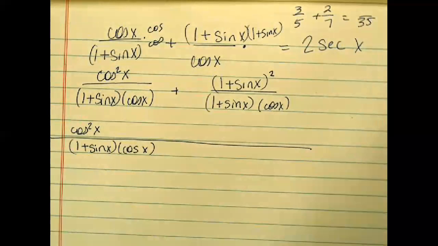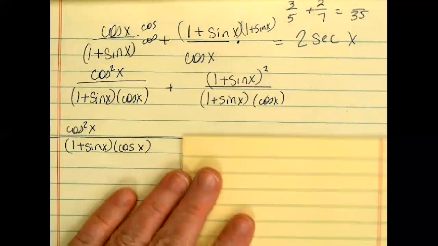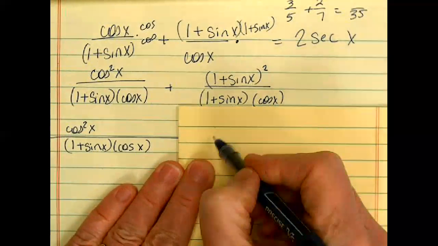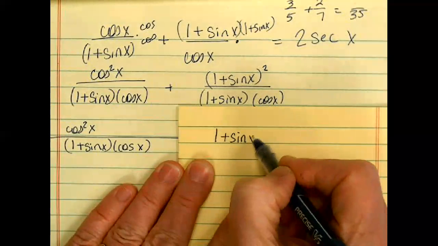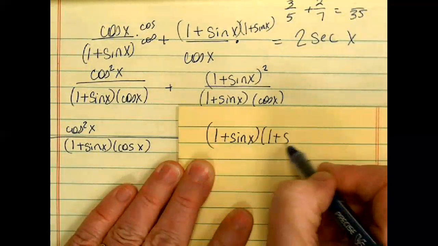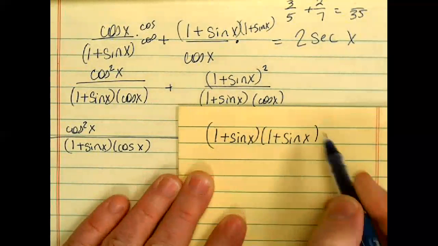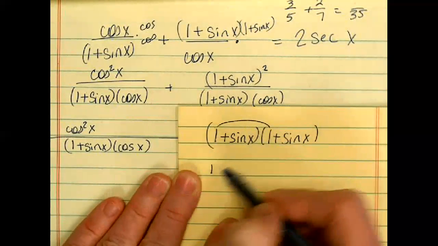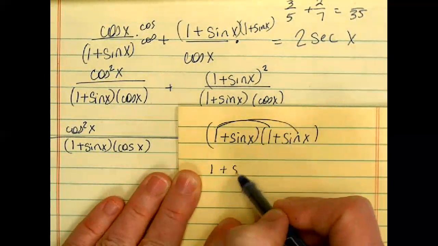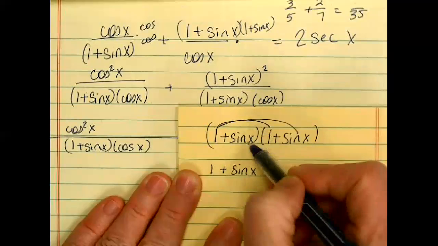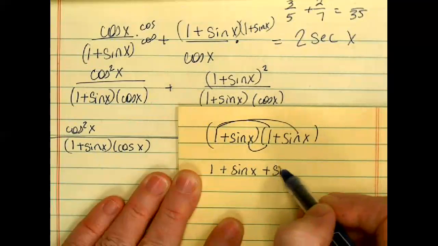I'm going to go over to this little piece of paper and I'm going to do the FOIL on this other sheet. 1 plus sine x times 1 plus sine x. You just treat it just like you would anything else when you FOIL. 1 times 1 is 1. 1 times sine x is sine x. Sine x times 1 is sine x.